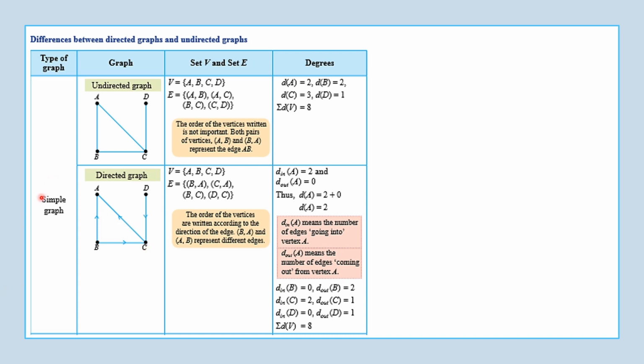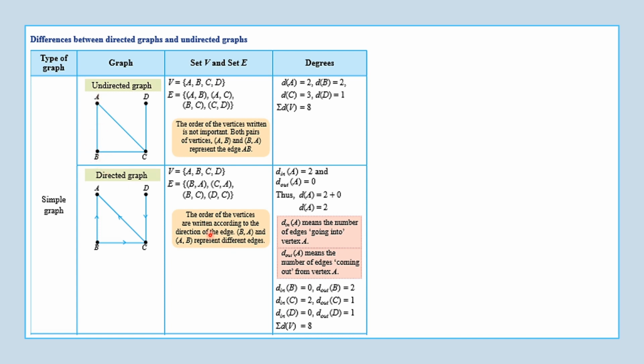The important difference is the order of the vertices written. For undirected graph, the order of the vertices written is not important, which means if you write the ordered pairs AB and BA, it is actually the same thing.